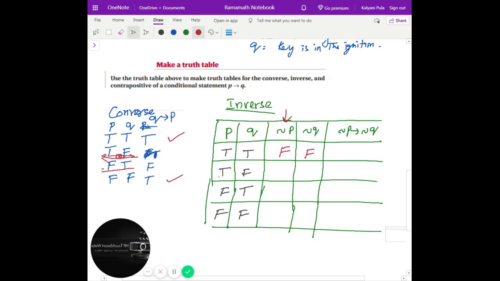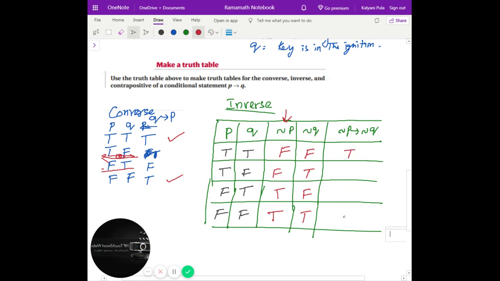Okay, and we just put a not, right? If I say yes, then not means no. So if it is true, then it's going to be false. So I flipped them. True is going to be false. True, and true. Now let's look at these statements. False, false, it's true.